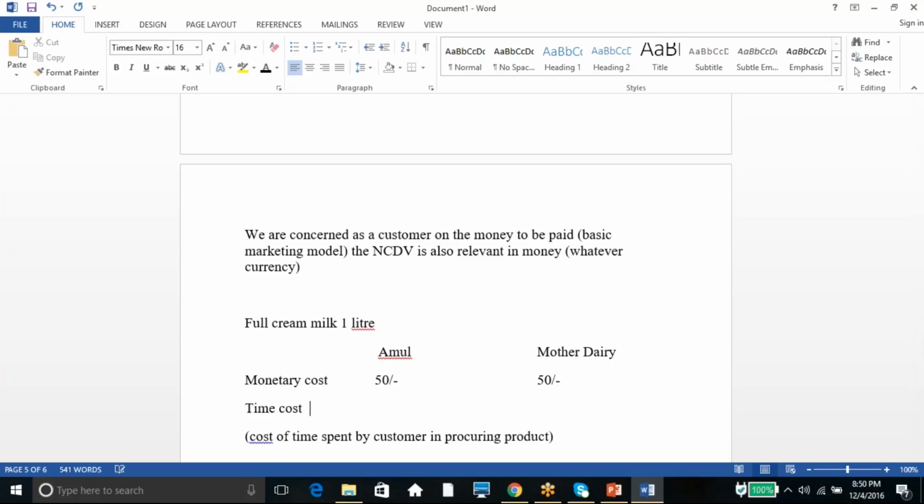Now what is important here is that we are trying to find out a difference between the two competing brands, and therefore it is not very relevant, other than the monetary cost part where you get clear numbers, whether you have absolute numbers which are right. It is more relevant if you can get the variation between the two right.